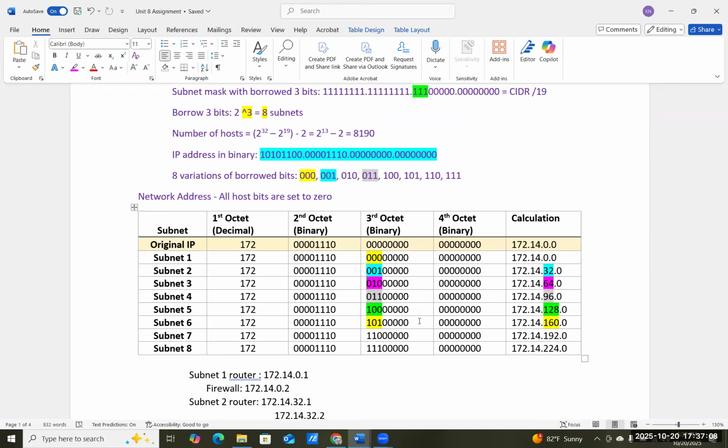Okay. So we left off at 100, the fourth, right? The fifth combination right here is 101, which is the next combination. So you keep changing the combination following that pattern, and you would have the 8 subnets needed for this particular case. If I plug in 101 and the rest are 0, I get 160, right?